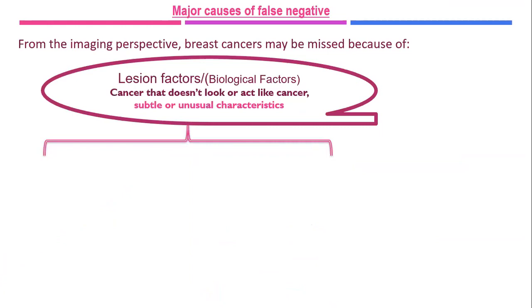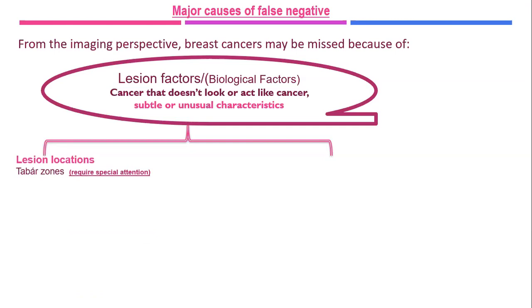While the lesion factors, the cancer can look not like a typical cancer, with suspicious or unusual characteristics, and we can divide it into two major factors, either location factors or lesion characteristics.